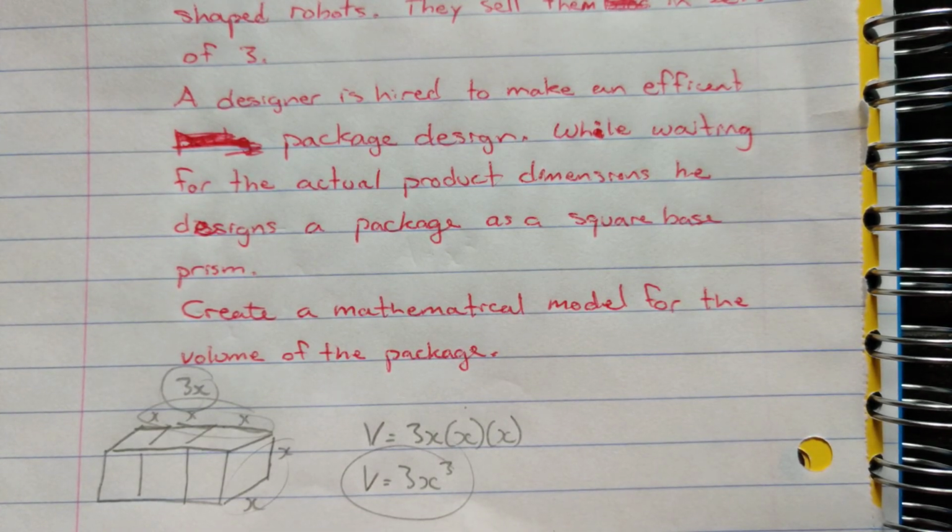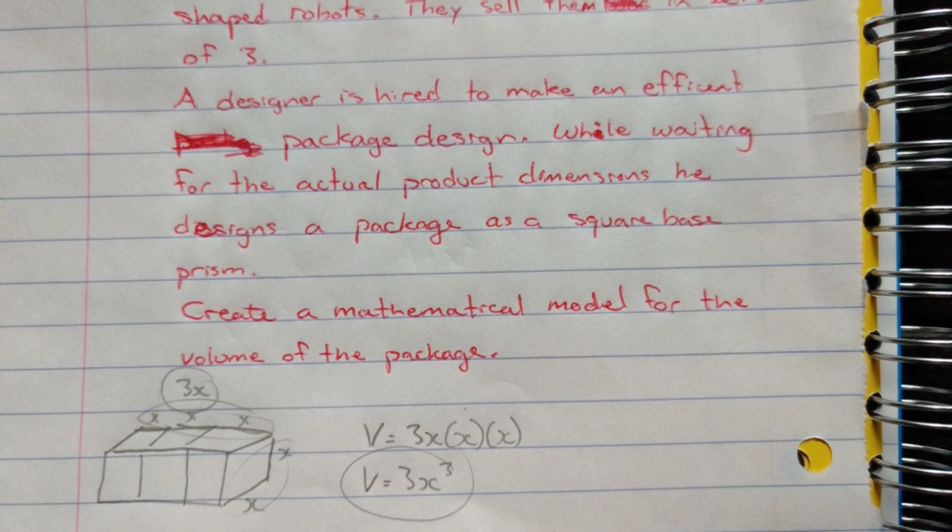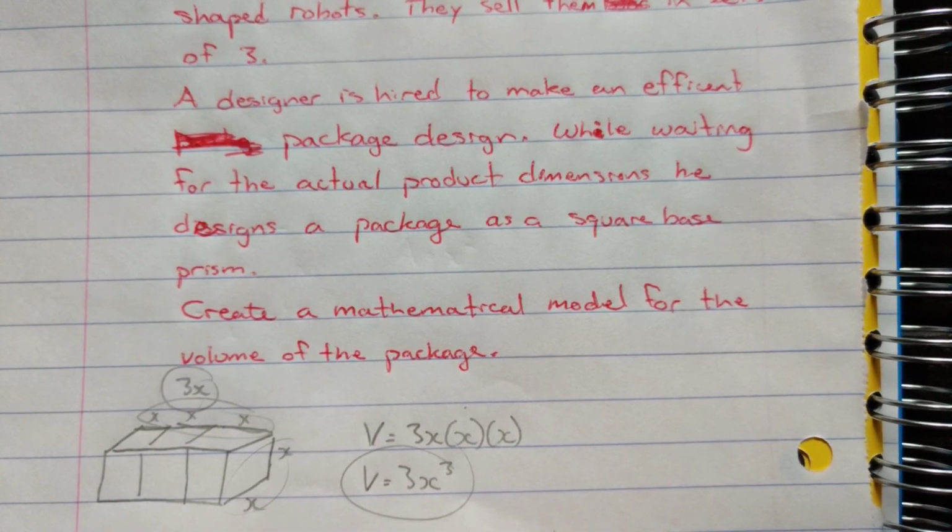So again, when you're working with these, we have our variables. When you see x or just a plain variable by itself, y, unicorn, picture a line of length unicorn. When you get x squared, picture a square with dimensions x by x, unknown dimensions.